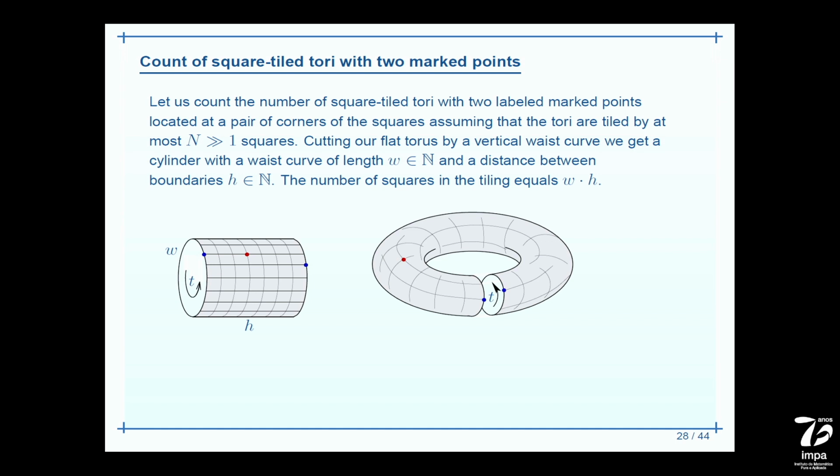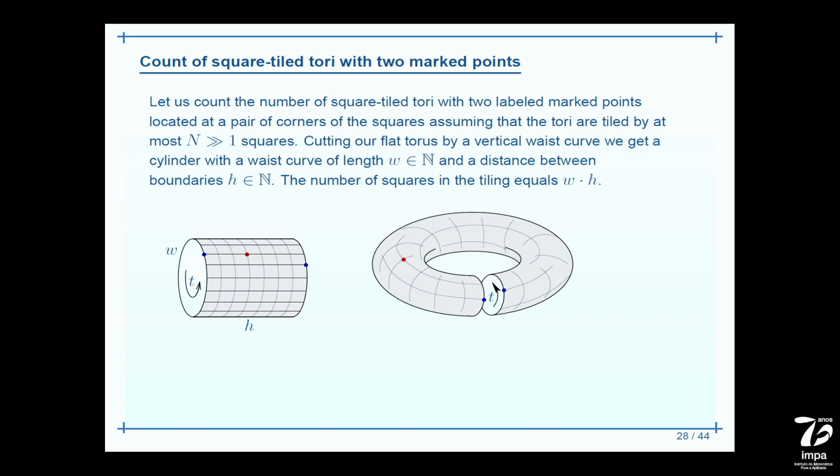You always mark a point on the torus, but here we have this blue point and red point. First, I consider the generic situation where the blue point and red point are at vertices of my square tiling and do not belong to the same vertical leaf. There are several parameters, and it's not so difficult to make a count.